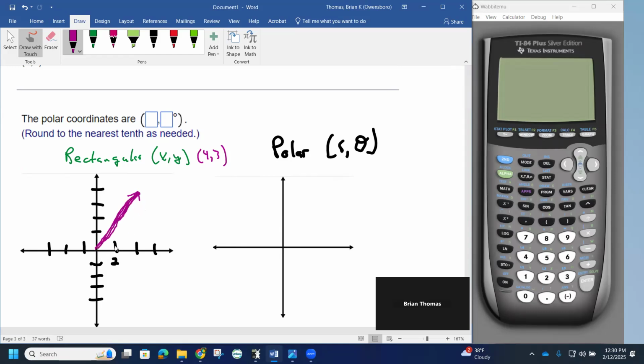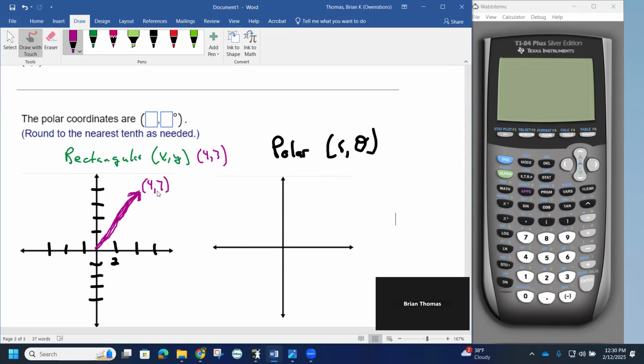In rectangular coordinates, we just plot the x coordinate and the y coordinate, and that will create the end of what's called the head of the vector. So this is the tail and this is the head where it finishes. It begins here and it ends here. So notice that the vector can be created by just knowing the x and y coordinate.